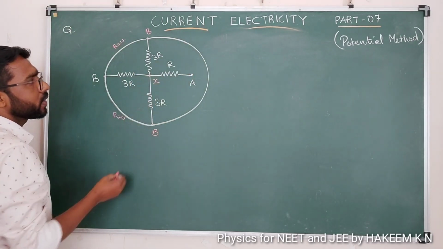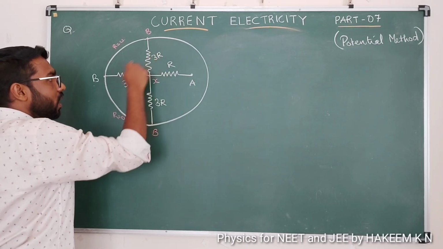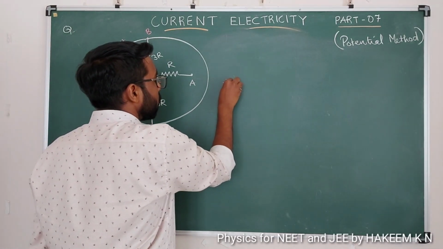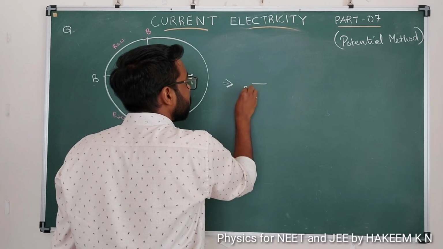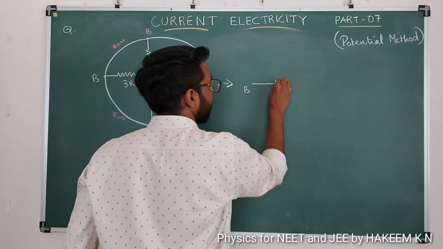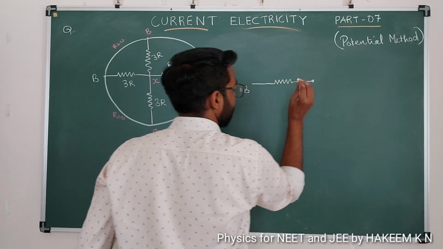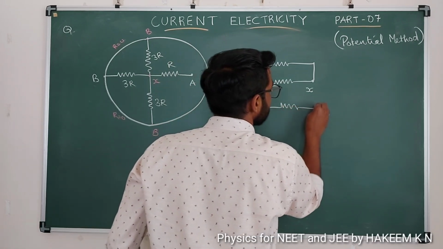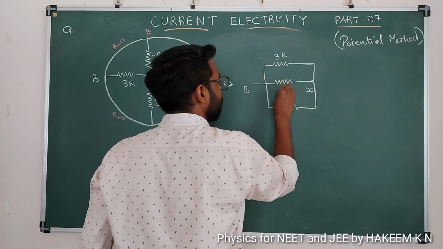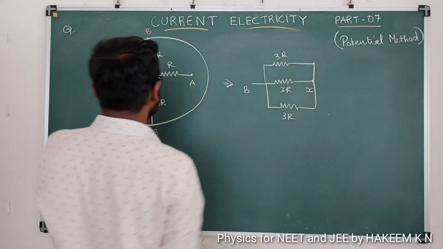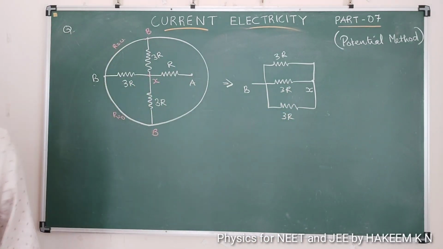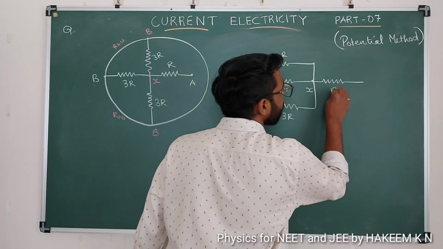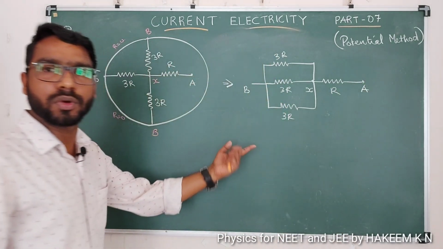So you can see the three 3R's are connected to B and X. So while drawing the equivalent network, 3R, here the point is X, again one more 3R, again one more 3R, and from X there is a resistance R to A. This is the equivalent network.